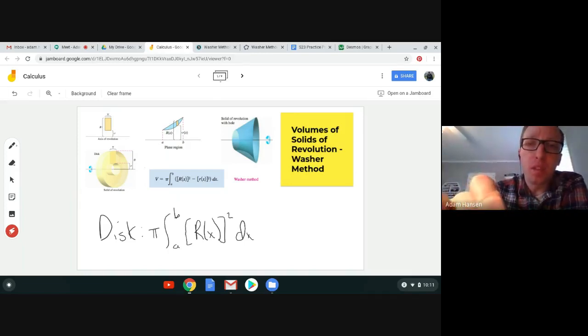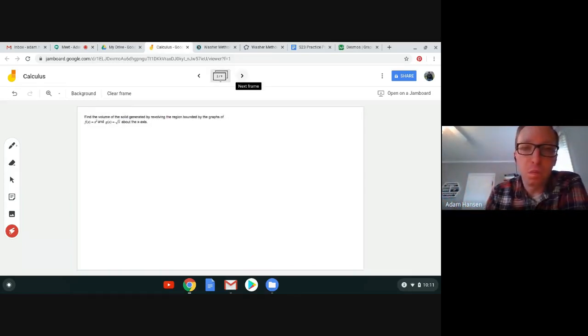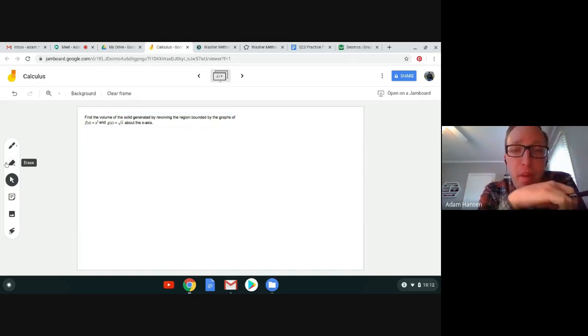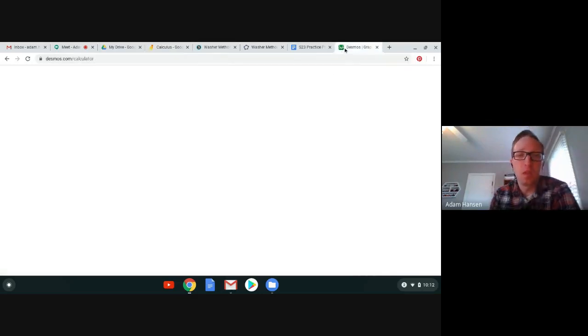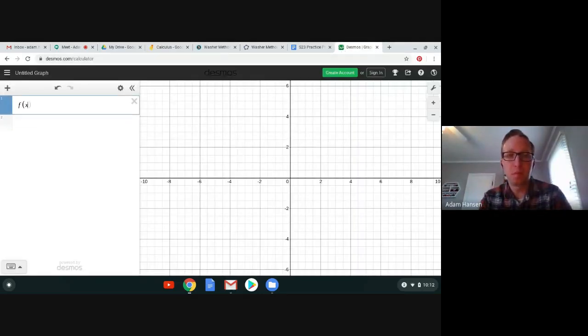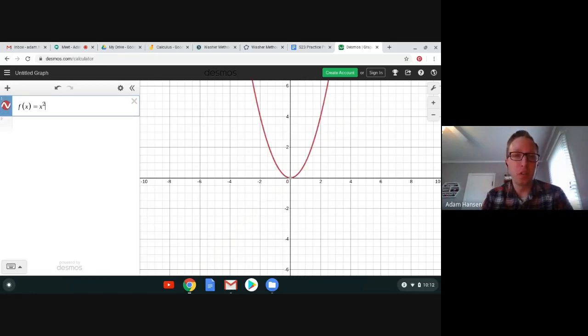All right, so a couple examples I wanted to look at. So first up, find the volume of the solid generated by revolving the region bounded by the graphs of f of x equals x squared and g of x equals the square root of x about the x-axis. All right, so let's just take a look at what this would look like on Desmos. These are pretty basic functions, so I'm sure most of us already know what they look like.